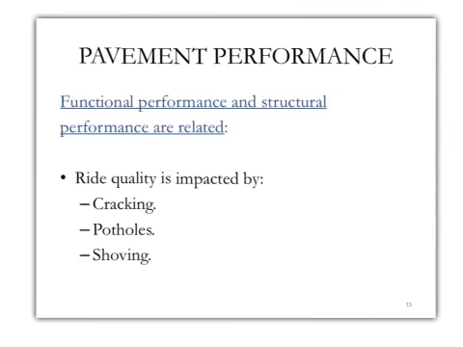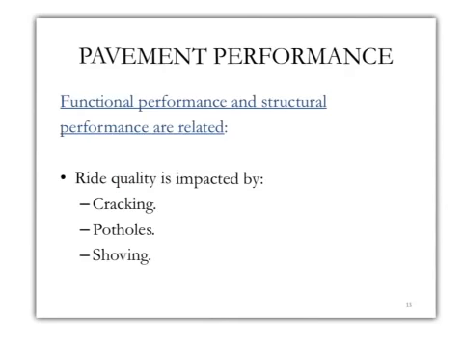Now the question comes here: are the functional as well as the structural performances related to each other or not? And the answer is yes, they are pretty much related. For example, ride quality, which is a very functional performance property, is really impacted by several types of cracking, as well as potholes and shoving.